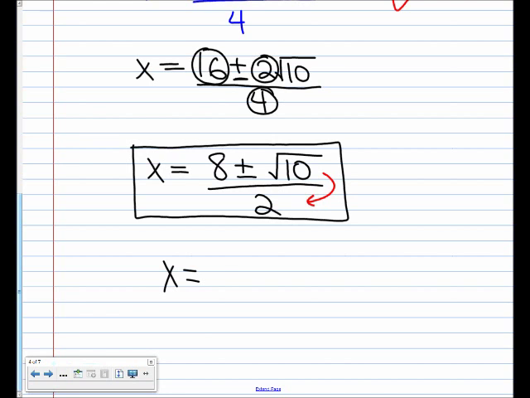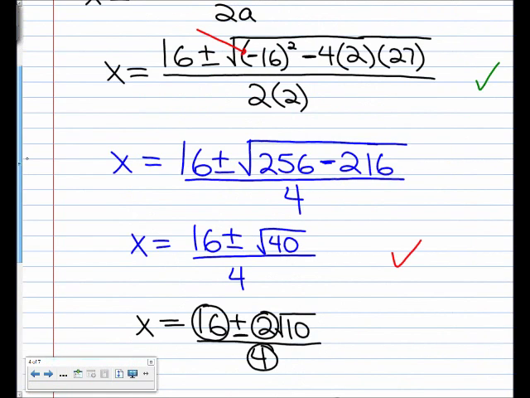So those are the two answers, approximately 2.419, and the other one that I said was 5.581. Again, this step here is not necessary, but I'm just showing you how you can use the calculator to find decimal approximations if that makes you feel better.